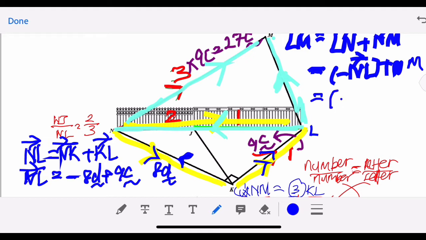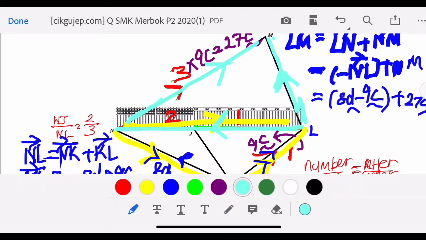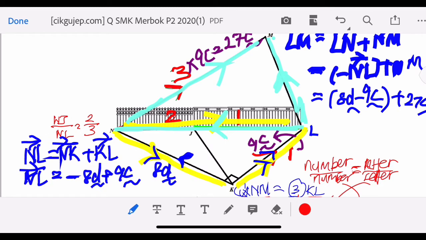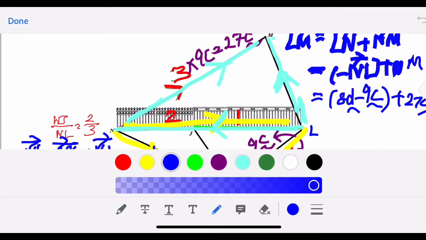Just now it was negative 8D plus 9C, right? So we will make it positive 8D minus 9C, right? Understand? Okay, plus the vector which is very clear, and M is labelled there, which is obviously 27C, right? So you have to simplify the vector until you get the answer.